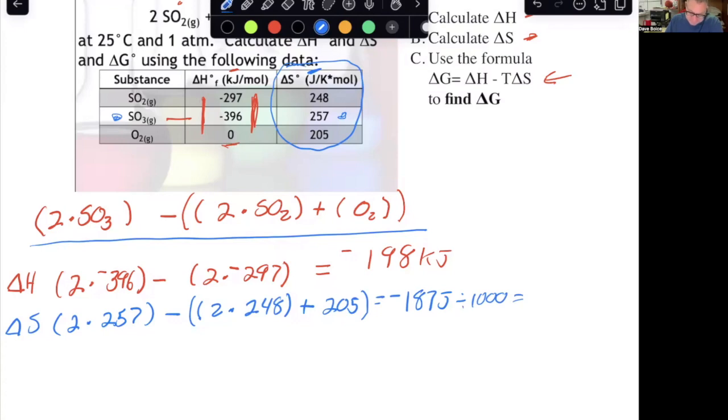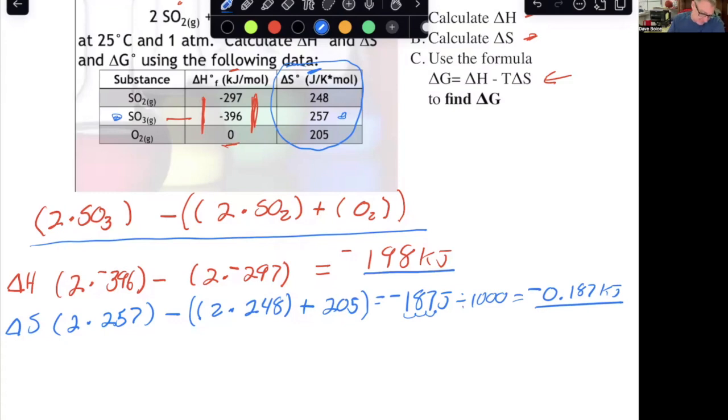And to divide by 1,000, you really just need to move the decimal place over 3. So this would be the decimal place 1, 2, 3. And so that is going to equal negative 0.187 kilojoules.